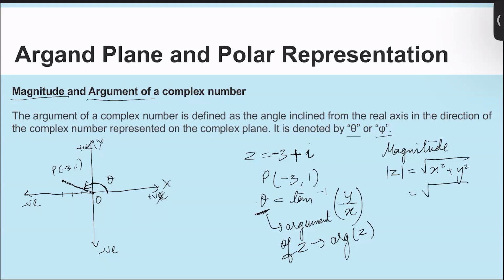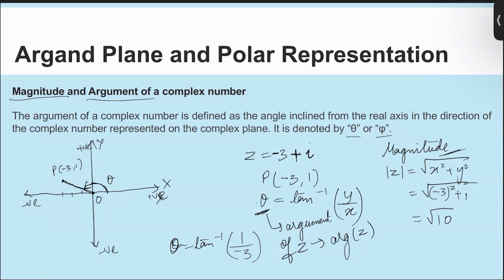Over here you will get minus 3 squared plus 1 squared, so 9 plus 1, root 10. So root 10 is the magnitude of point P. And theta you can calculate as tan inverse of 1 upon minus 3.